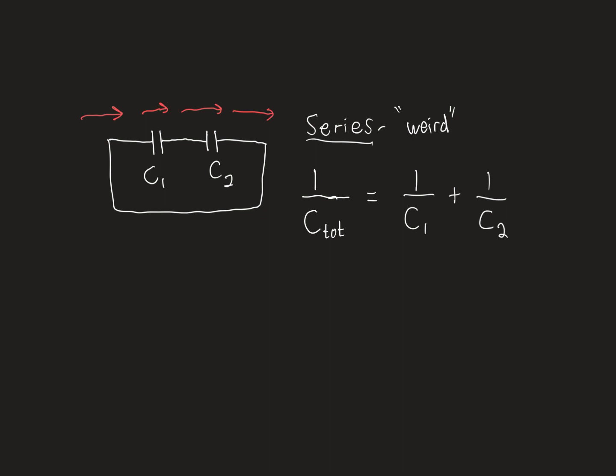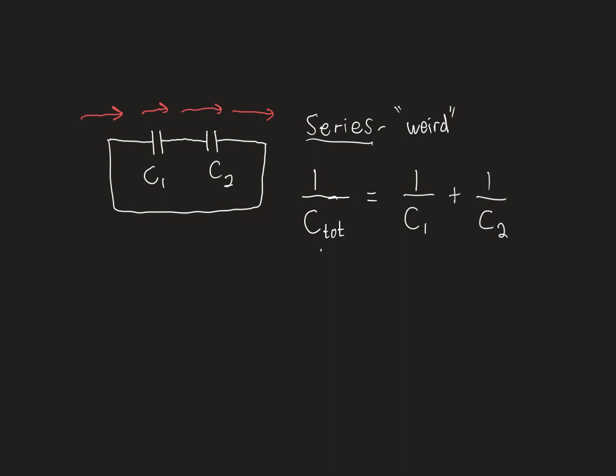When you add these two up, you take the fraction 1 divided by C total equals 1 divided by C1 plus 1 divided by C2. After you do this in your calculator, you need to flip it upside down. You need to take the reciprocal.